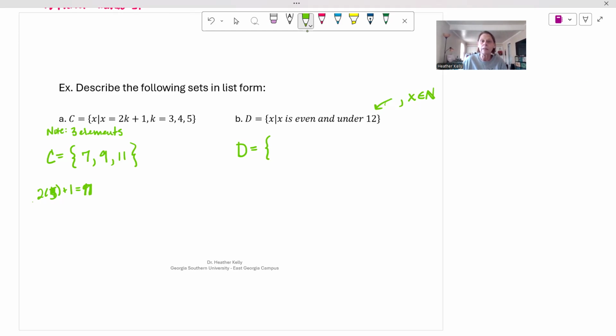It's even. It's a natural number, so the first natural number is 2, 4, 6, 8, 10, and it says under 12. So that is our set. Not to include 12, just under 12. Could have said under and including.